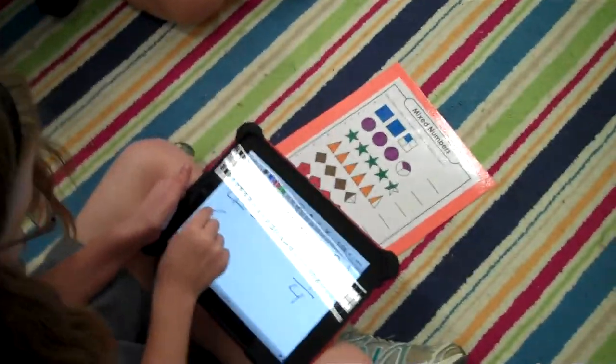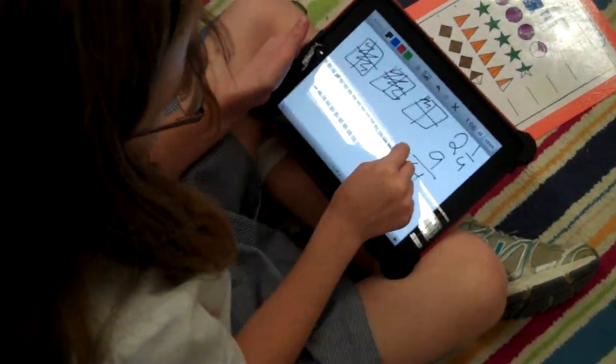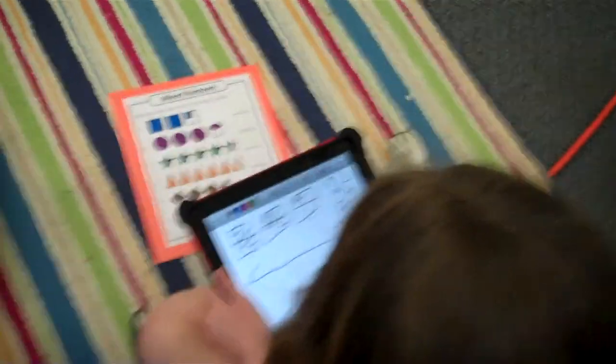Number line. We're going to do a number line. The range is from 0 to 4.